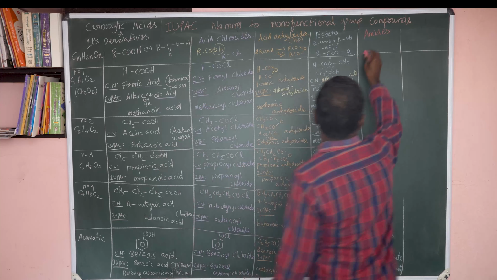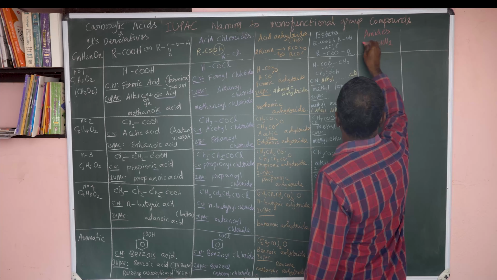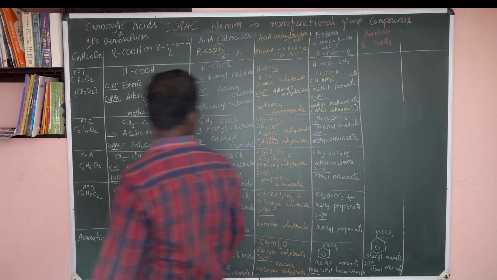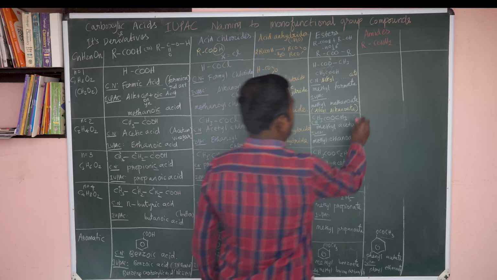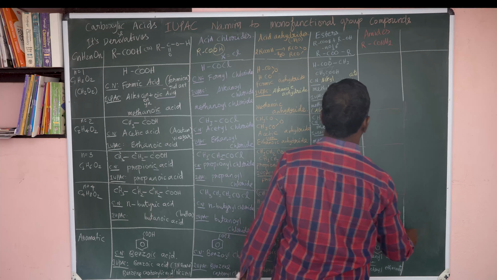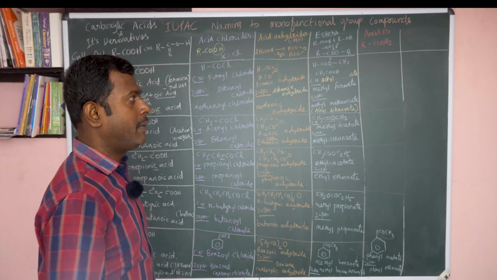Amides are organic compounds having CONH2 as the functional group. So the general structural formula is R-CONH2 for amides. Amides are also derivatives of carboxylic acids, because if ammonia reacts with a carboxylic acid, the ammonium salt will form.